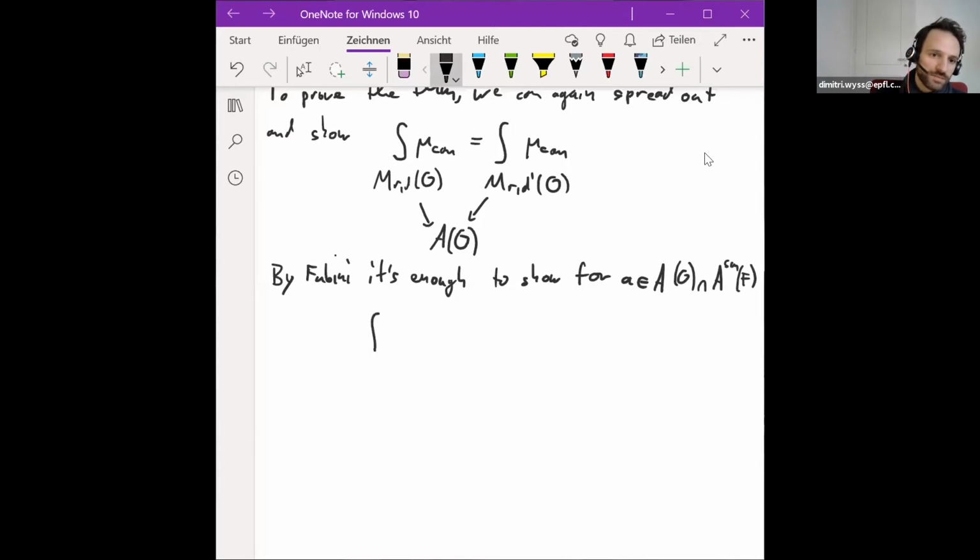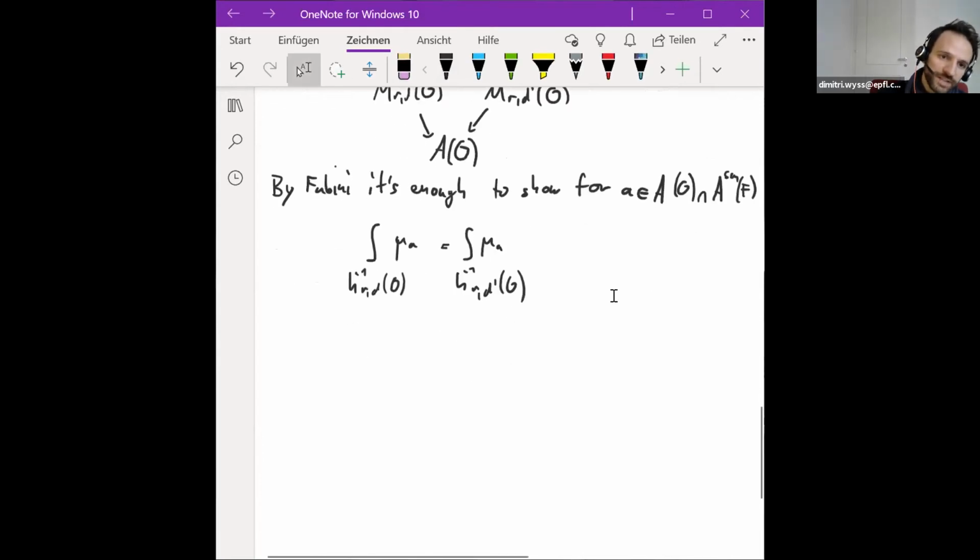Then we just need to compare volumes of the fibers: h_{R,D}^{-1}(a)(O) and h_{R,D'}^{-1}(a)(O).